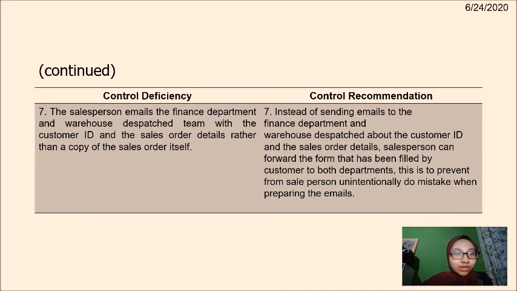And the control recommendation for this deficiency is, instead of sending emails to the finance department and warehouse dispatch team about the customer ID and sales order details, the salesperson can forward the form that has been filled in by the customer to both departments, to prevent the salesperson from unintentionally making mistakes when preparing the emails.